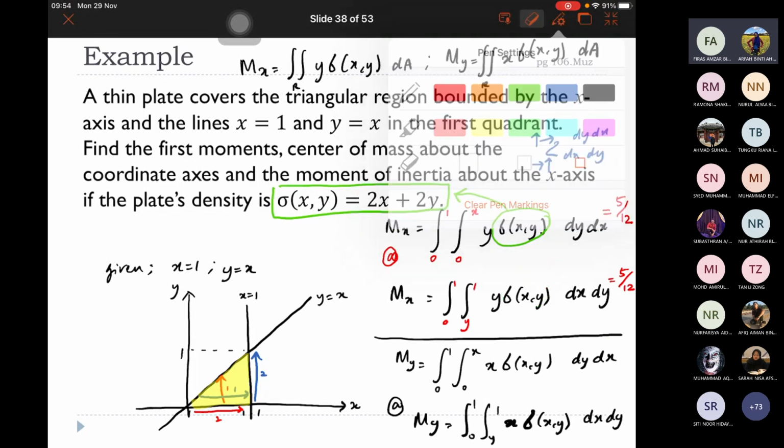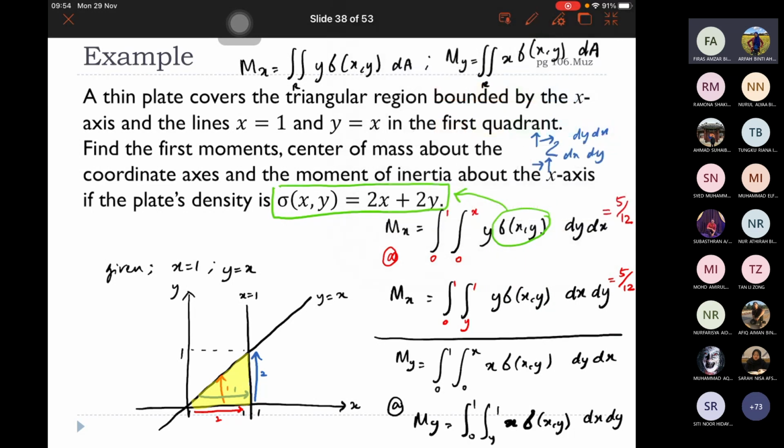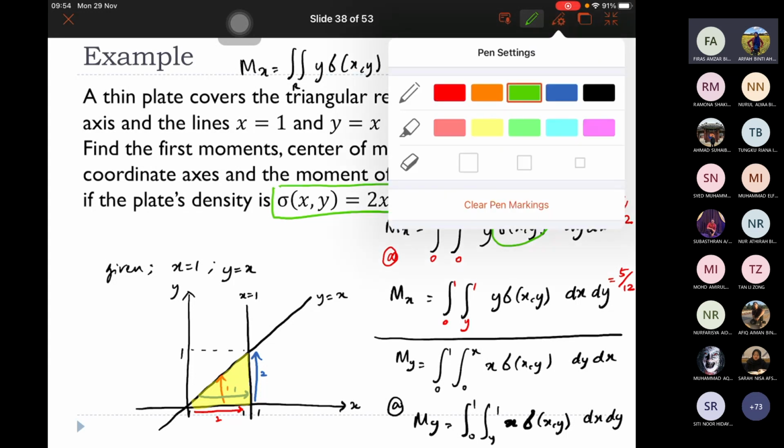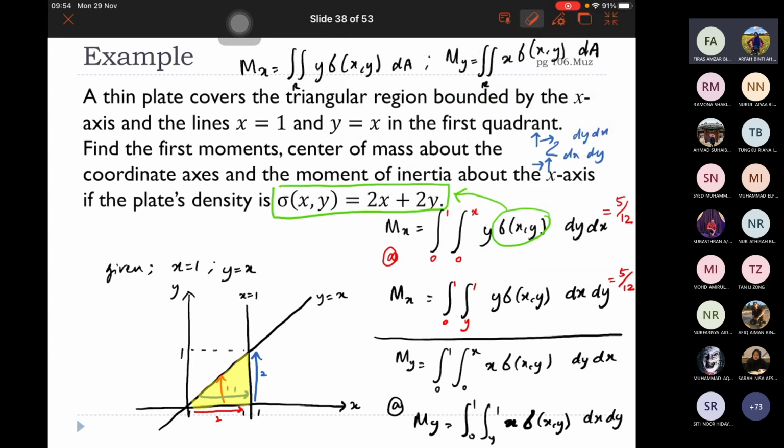So cuba buat. So cuba settlekan. Cuba dapatkan Mx dulu. Kalau awak buat My boleh ambil salah satu. Okay. My akan dapat jawapan dia sama dengan 3/4. So you can take sama ada dy dx atau dx dy. So cuba settlekan the integration.